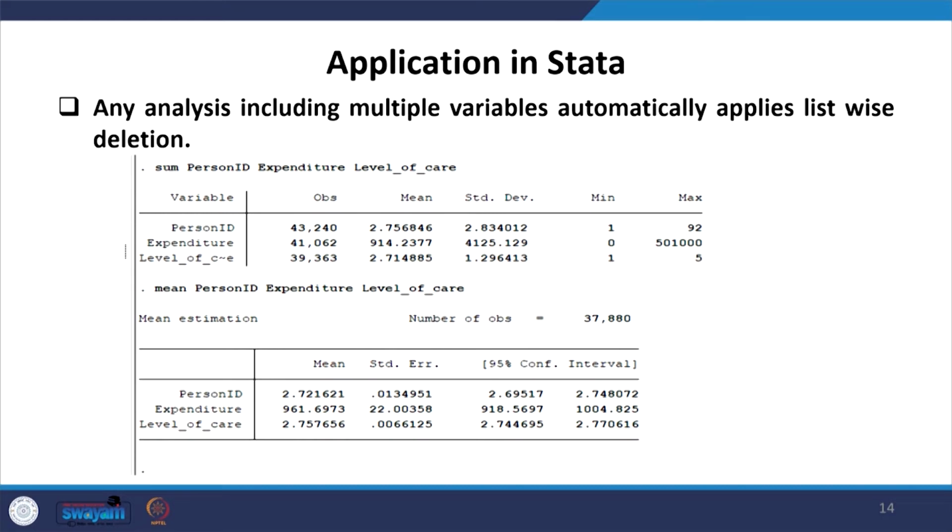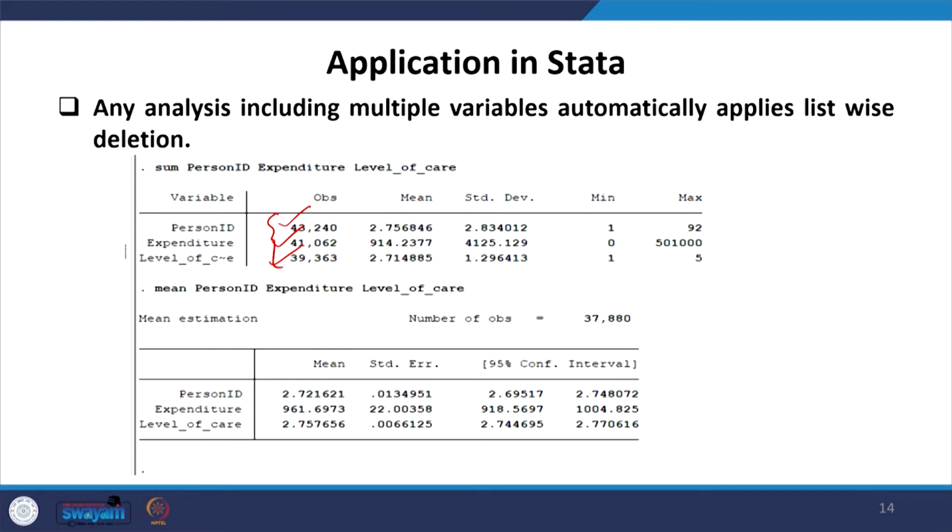Now I am explaining about including multiple variables. Once it is applied in your list of analysis, if there are so many variables, it automatically finally comes with fine observations, avoiding the missing values. For example, you have different entries here: person's ID, expenditure, level of care, with different observations, 43,000, 41,000, 31,000 or so.